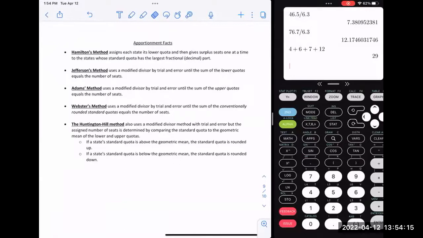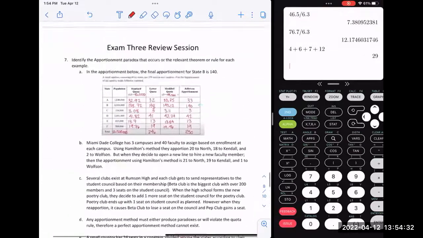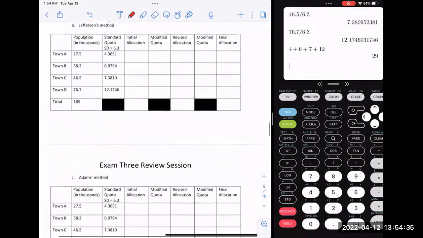Jefferson's method uses a modified divisor by trial and error until the sum of the lower quotas equals the number of seats. So this kind of jogs our memory a little bit. We know to use the lower quotas with Jefferson's method. So that part is similar with Hamilton, is they both use the lower quota.